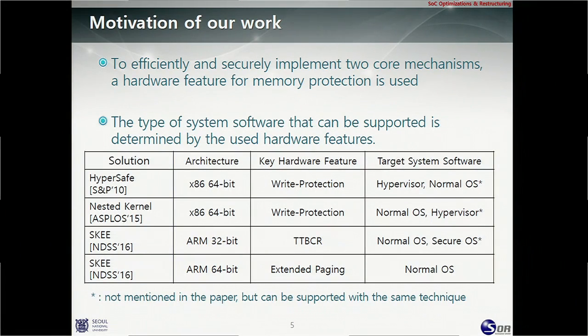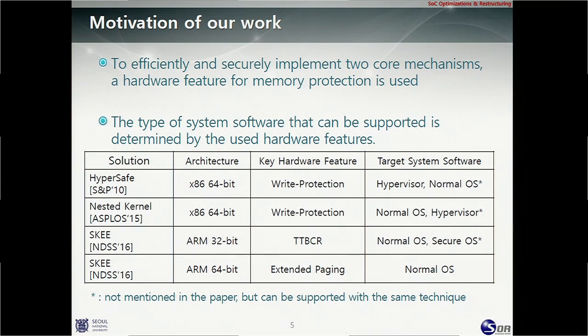These two mechanisms determine the performance and security level of intra-level privilege separation. So hardware features, such as virtualization or lightweight memory protections, are essentially used for efficient and secure implementation of these mechanisms.